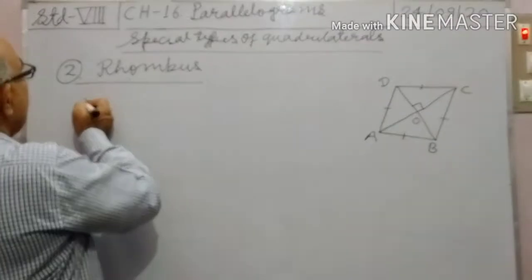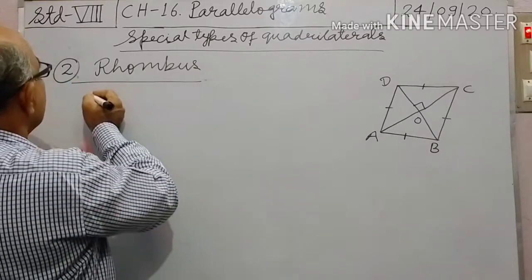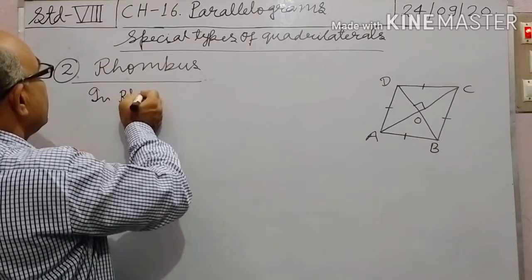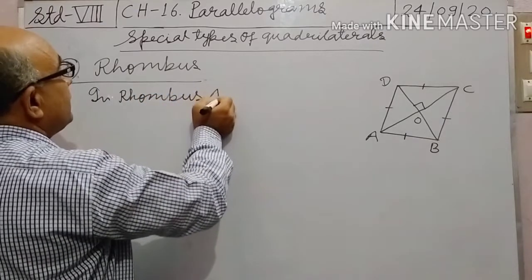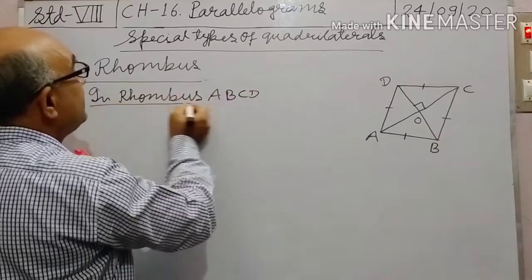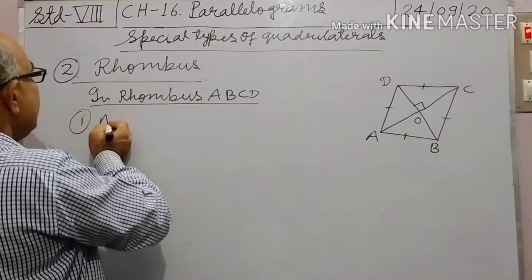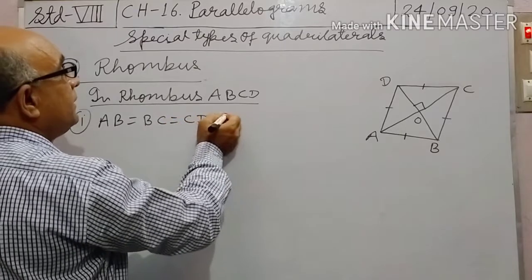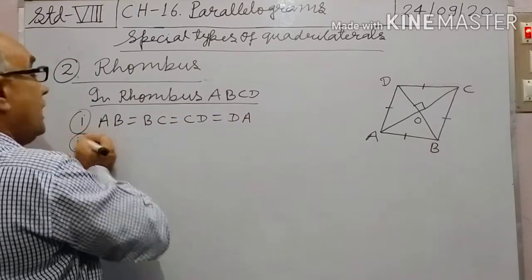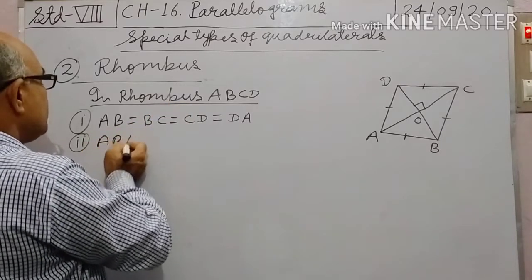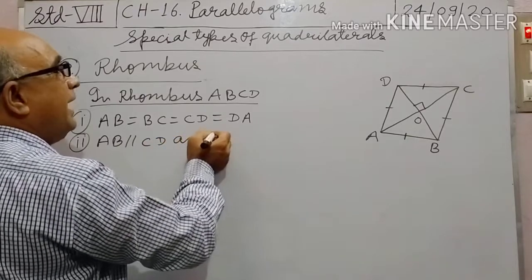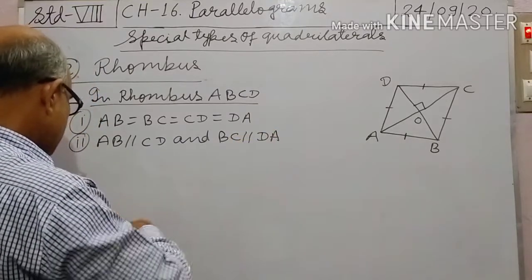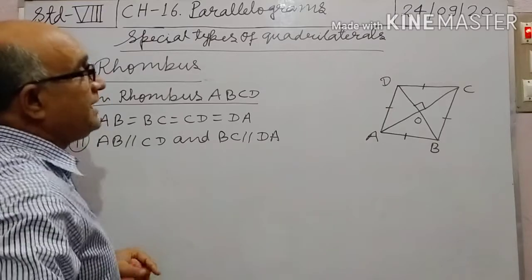So, the properties of a rhombus. In rhombus ABCD, the first property is that all sides are equal: AB equals BC equals CD equals DA. Second, opposite sides are parallel, so AB is parallel to CD and BC is parallel to DA.